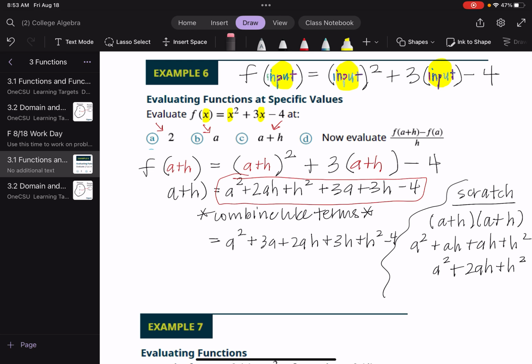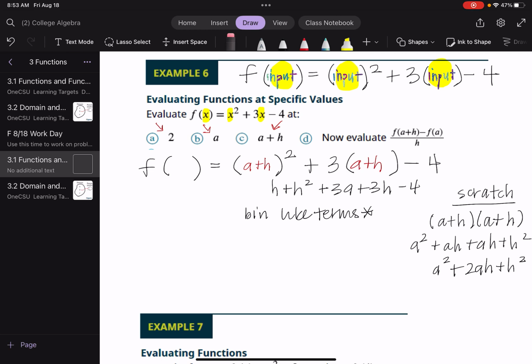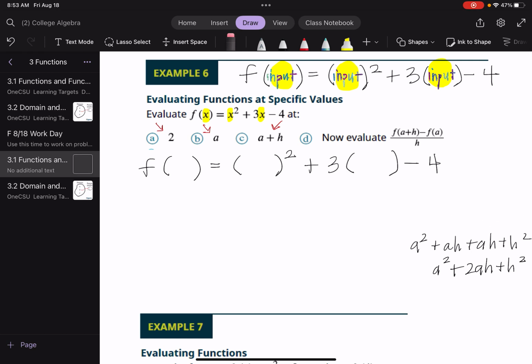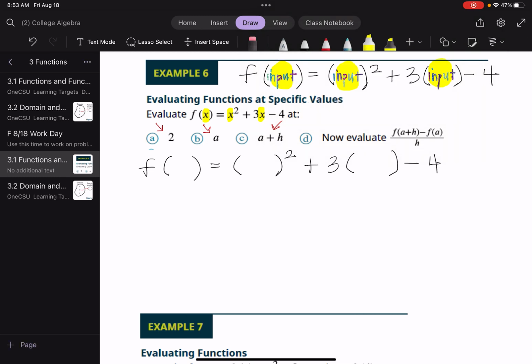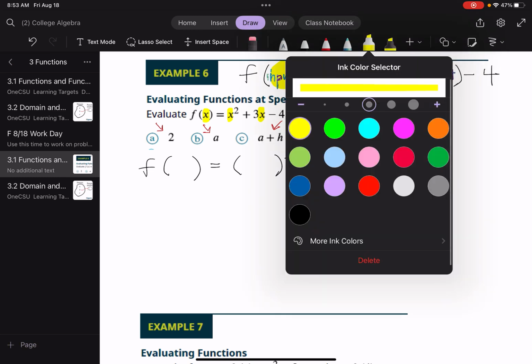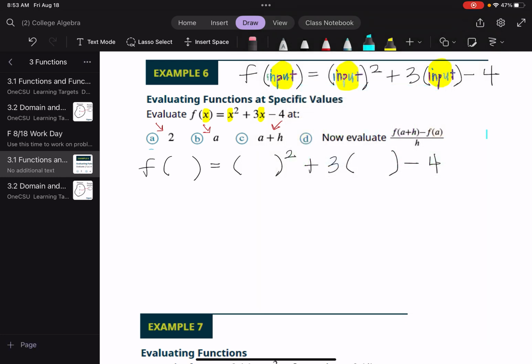So now this last one is a little more complicated. And we have to learn how to read what it's asking us to do in D. And so the first thing I want you to notice, let me get a new color here. I have blue. Okay.